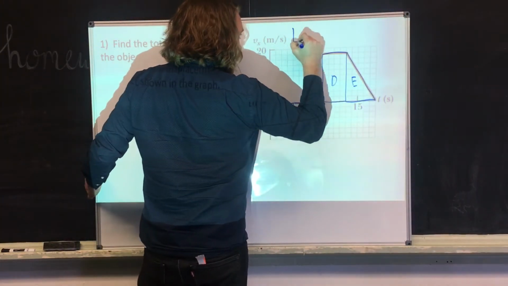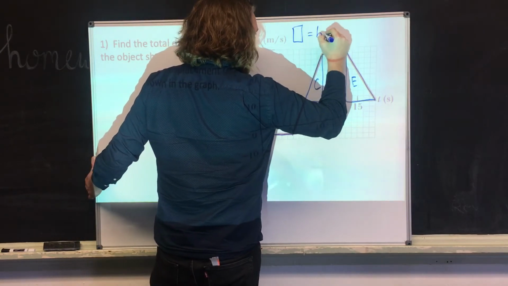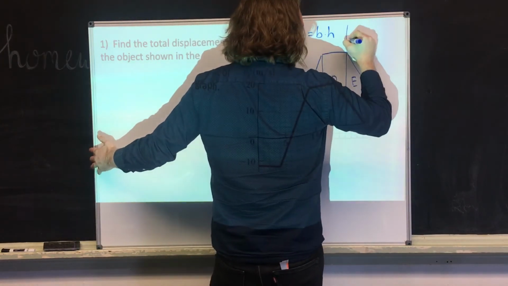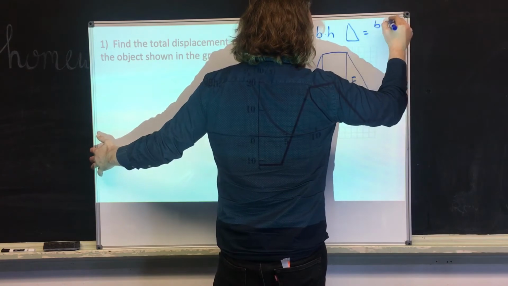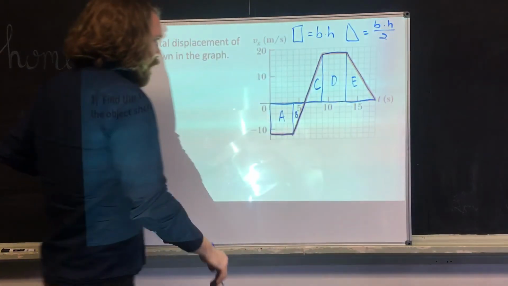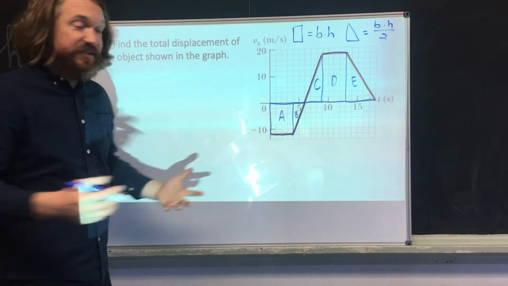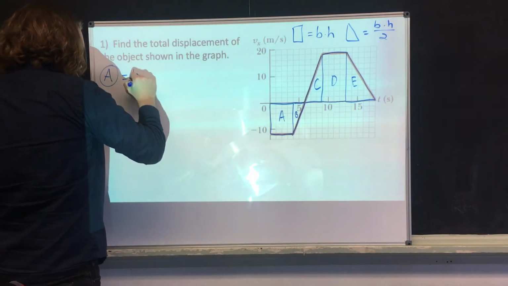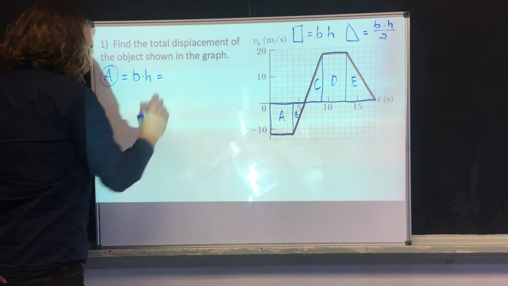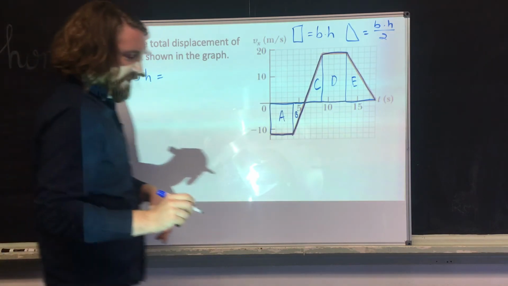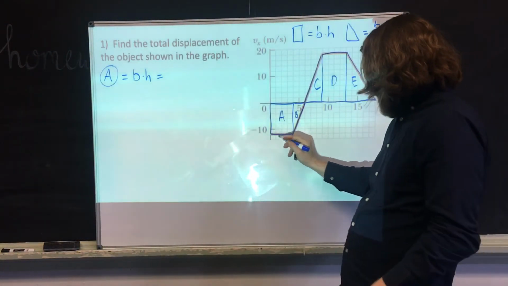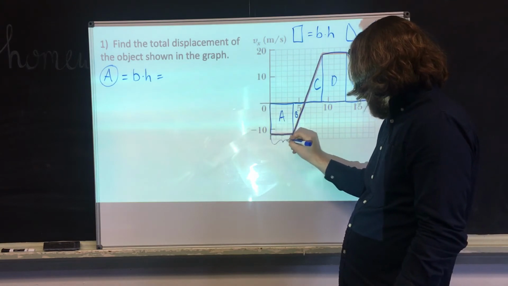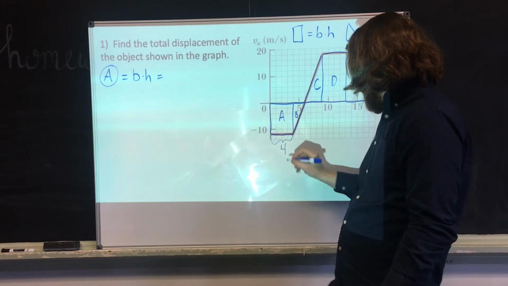Again, the area of a rectangle equals base times height, and the area of a triangle equals base times height divided by 2. A is obviously a rectangle, so we're going to go A equals base times height. What is the base of this rectangle? The base goes from 0 to 4. 4 minus 0 is positive 4.